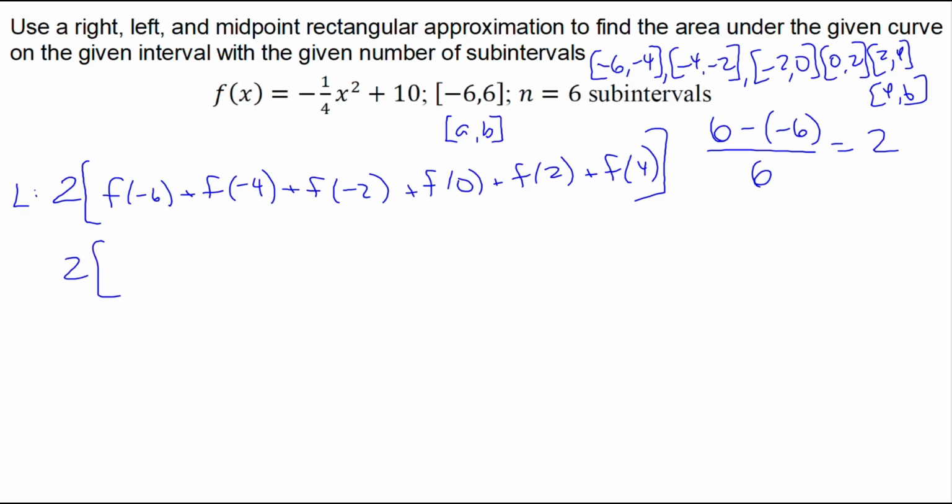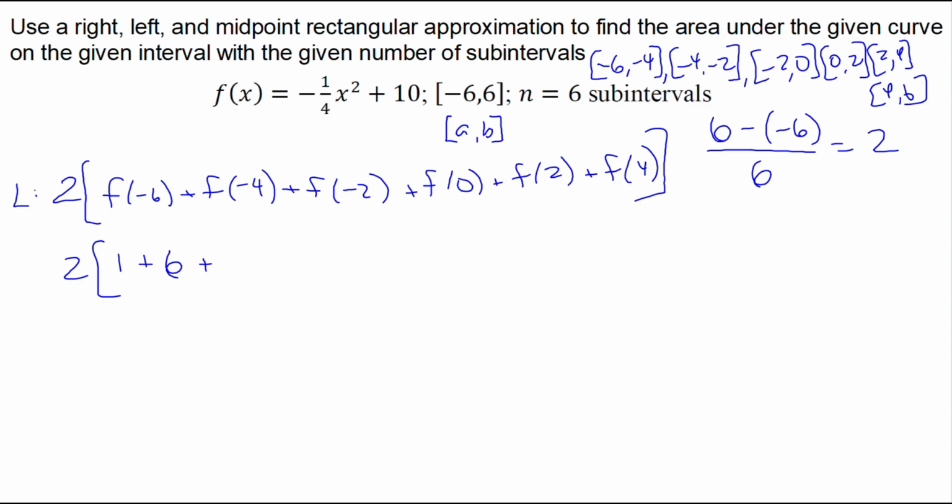And so let's see what that comes out to be. That'll be 2 times, so f of -6 should be -6 squared. That's 36, and then times -1/4 is -9. Plus 10 should be 1. And if we plug in -4 into our original function, that should come out to be 6. And if we plug in -2, we get 9.